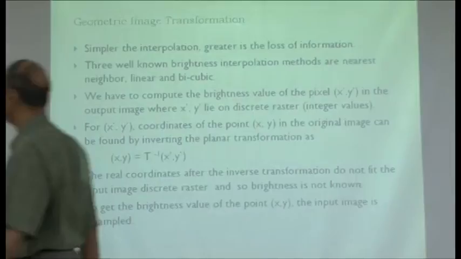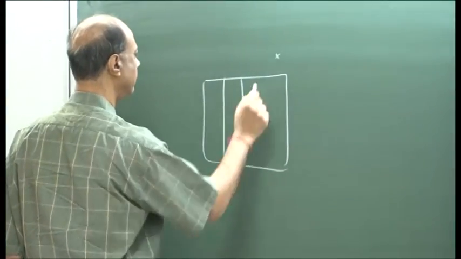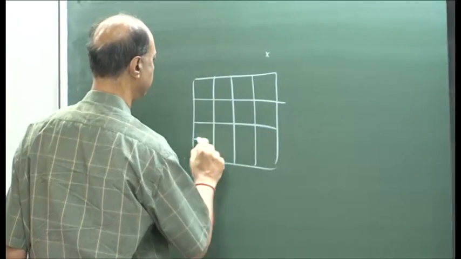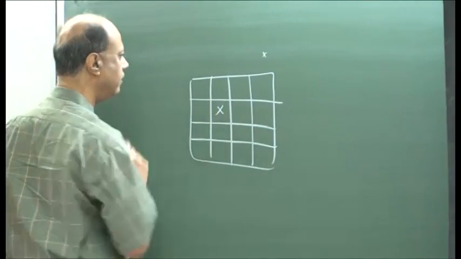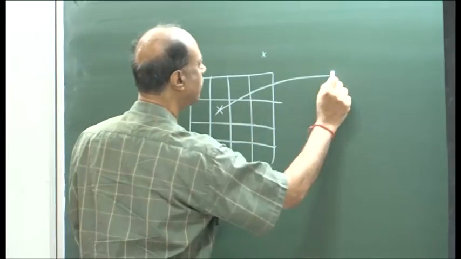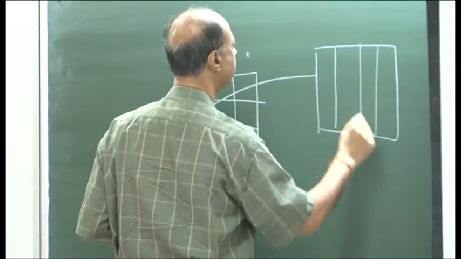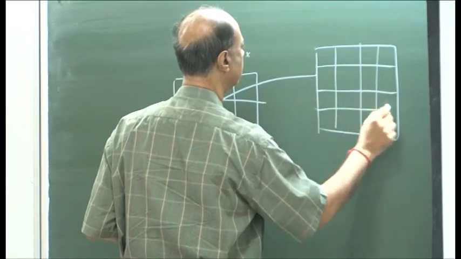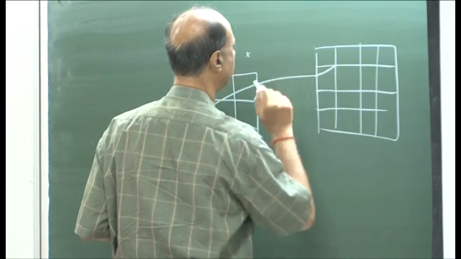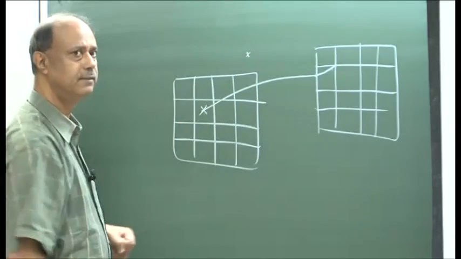The problem is that I have an input image and I am here; this has come from some grid of the output image. From this one has been mapped here.